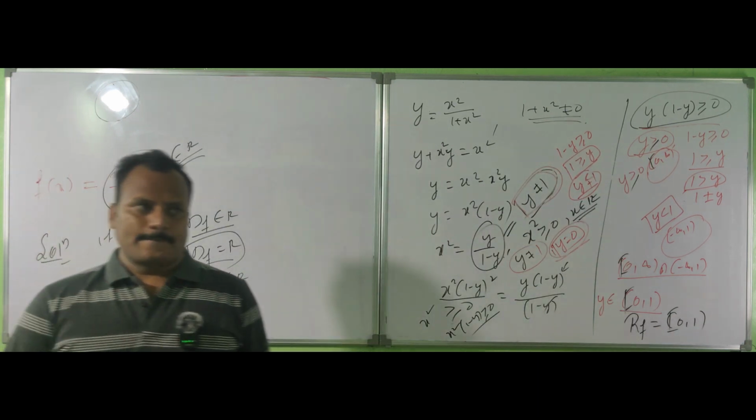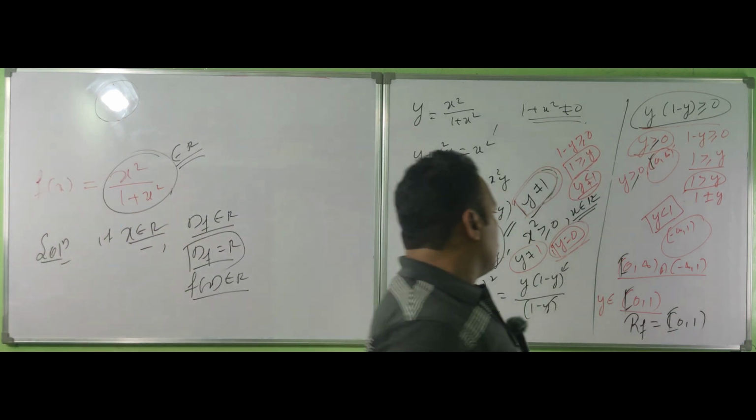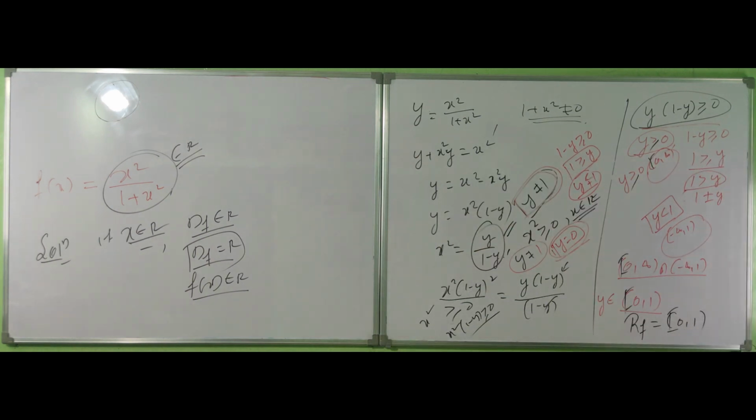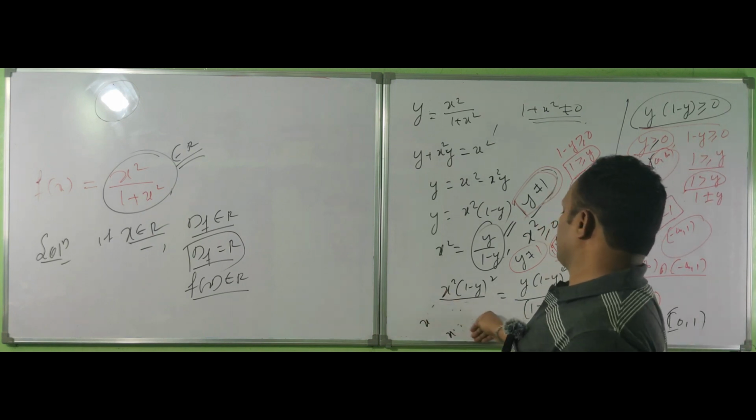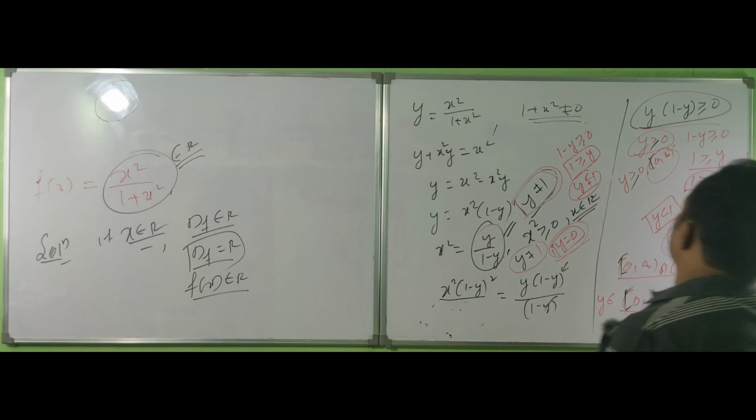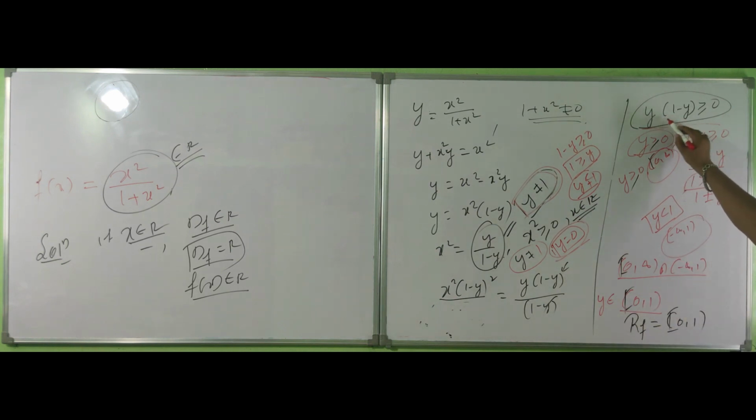There may be some little confusion somewhere else. And they multiply both sides here, and they taken here y, different components. If y equal to 0, either it may be 0 or this may be 0.